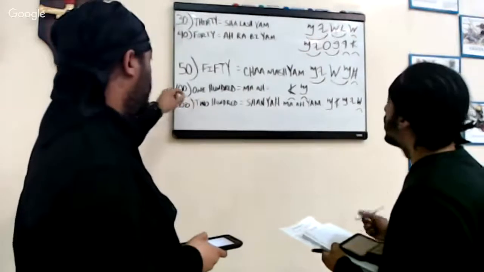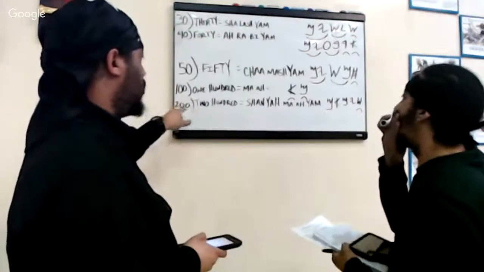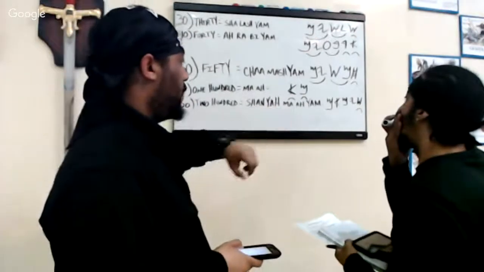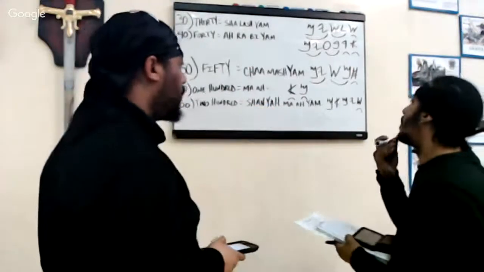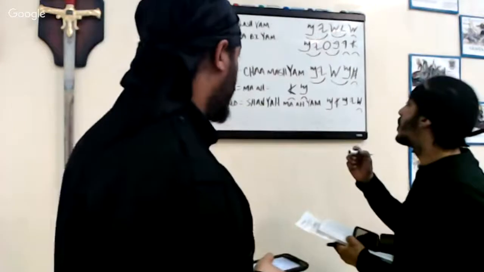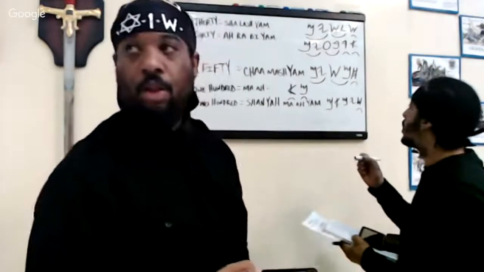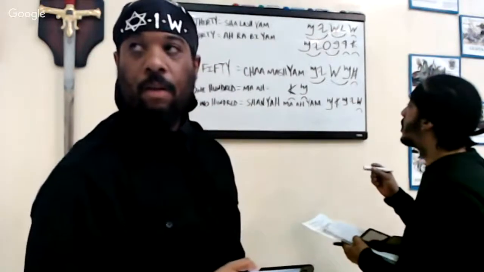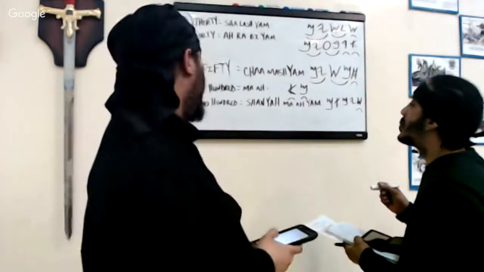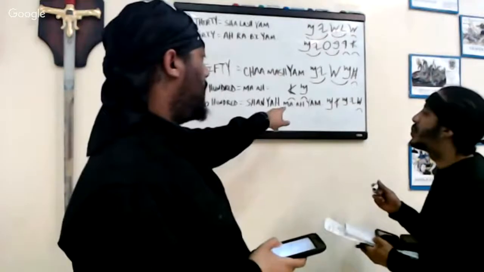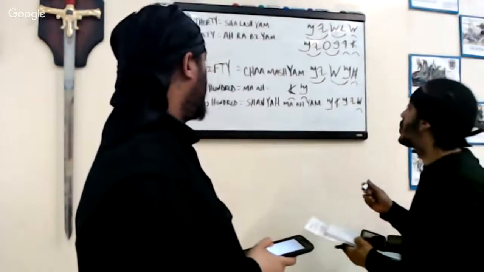Like it will be 100 plus 100, 200. But we would write it as 200. That's the translation. We will write it as shnayim ma'atayim. That's how you write it, right?